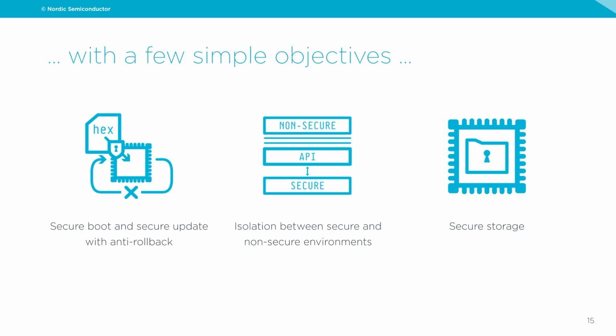If you think of cryptography, for example, the non-secure environment would request cryptographic operations from the secure environment through these APIs without actually having any access to the keys or the underlying cryptographic implementation or any other resources that are reserved for the secure environment, thereby keeping it isolated from the non-secure environment.